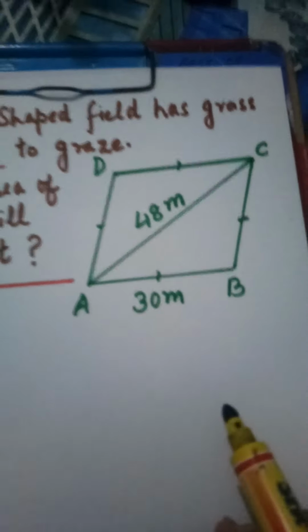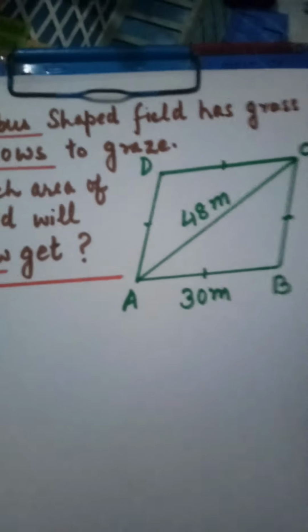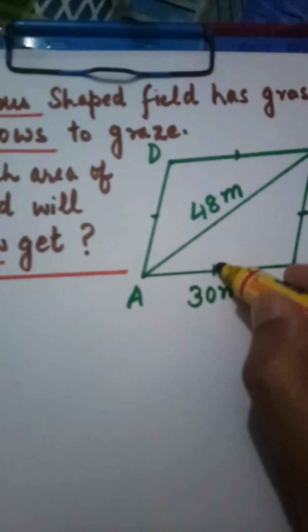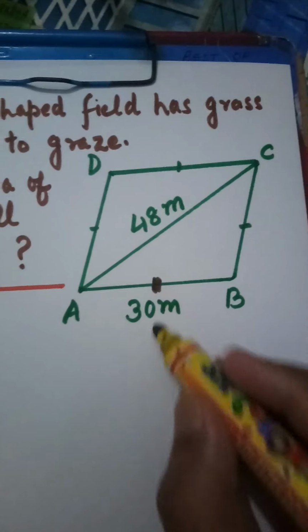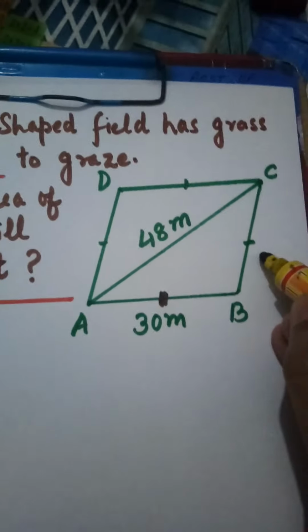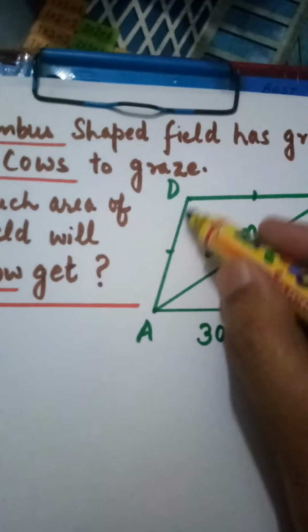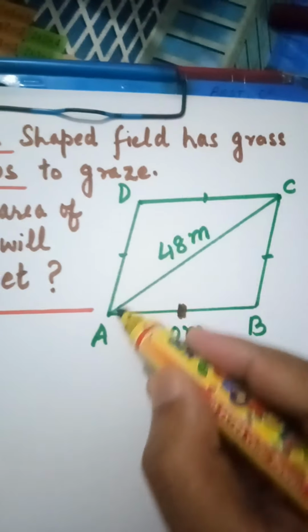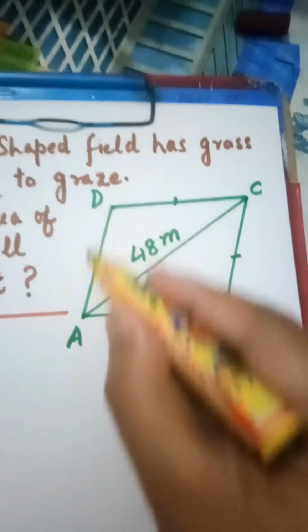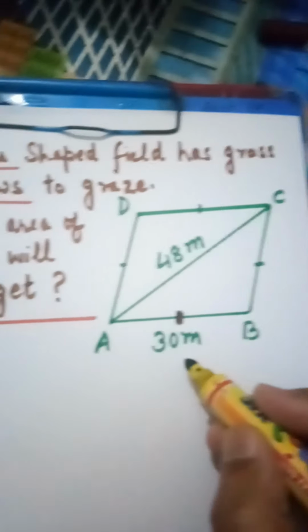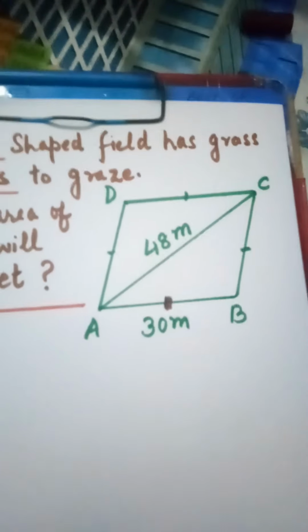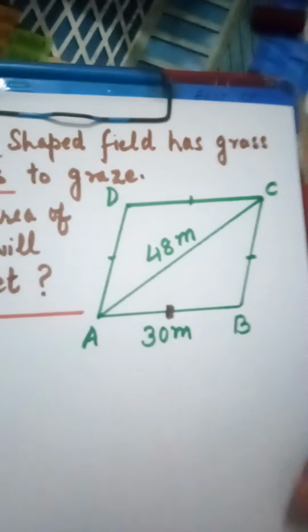Here is our rhombus, and in a rhombus you know very well that all four sides are equal. So here is the first side, AB is 30 meter, BC is the second side, CD is the third side, and AD is the fourth side. So all these four sides of a rhombus are always equal, and a diagonal is also given to you as 48.